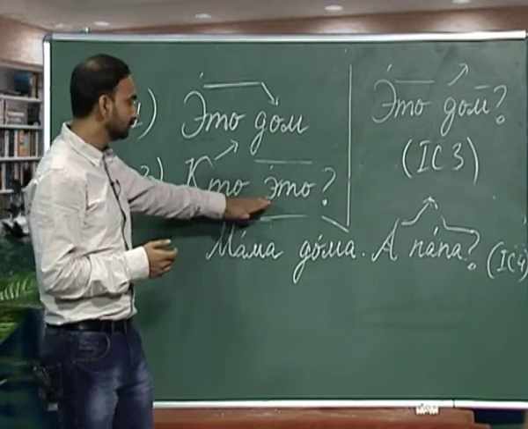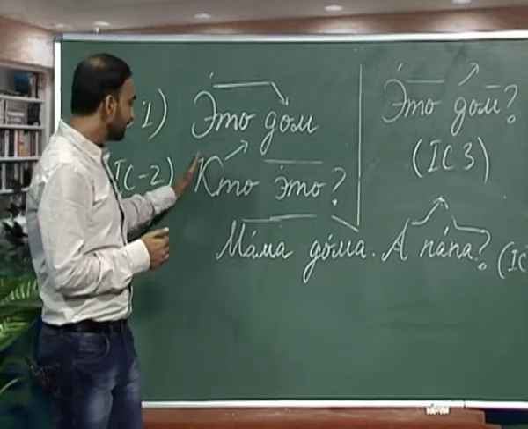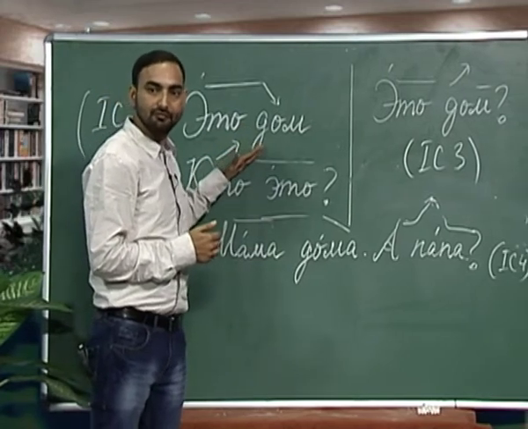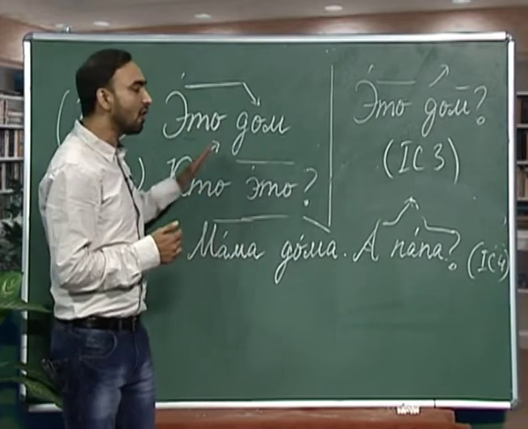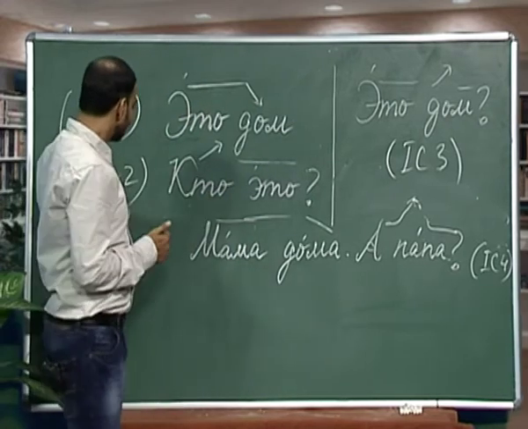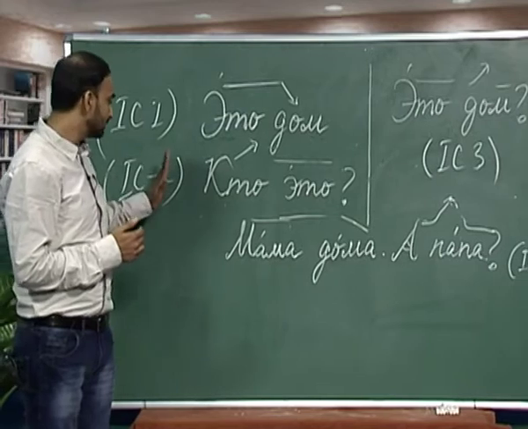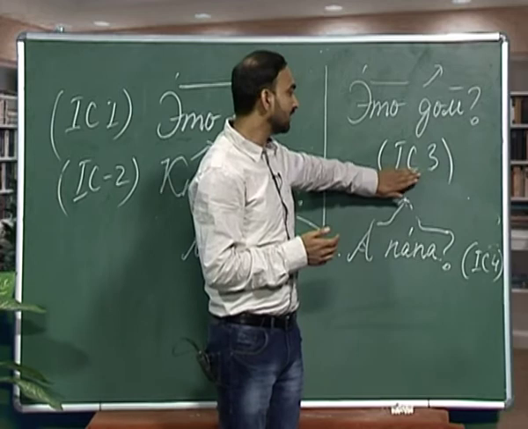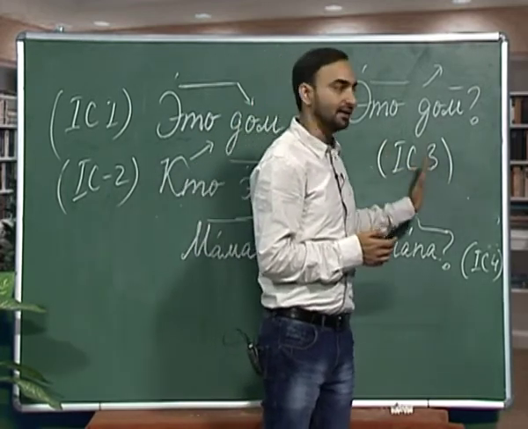So, what happens in this type of sentence is, the pitch goes up on the interrogative word and then it falls flat towards the end. Кто это? So, this is called intonation construction number 2.